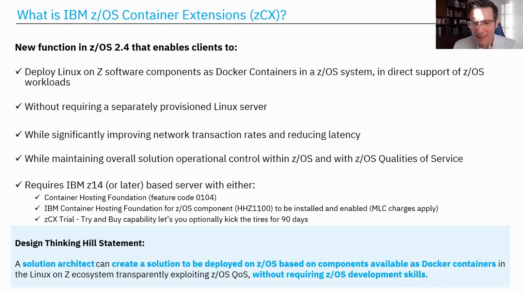A solution architect can create a solution to be deployed on zOS based on components available as Docker containers in the Linux on Z ecosystem, transparently exploiting zOS qualities of service without requiring zOS development skills. This is really the goal of ZCX, and everything that you see related to ZCX really can be summarized by that single statement. Okay, let's move on.